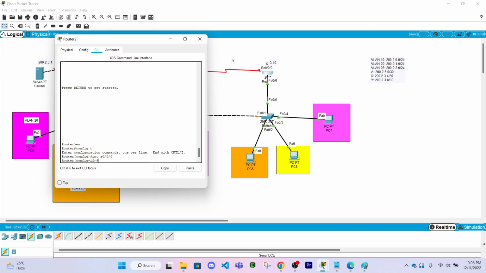Then ip address, and here we use this IP 3.10, as we configure this router. So ip address 200.2.3.10, enter.